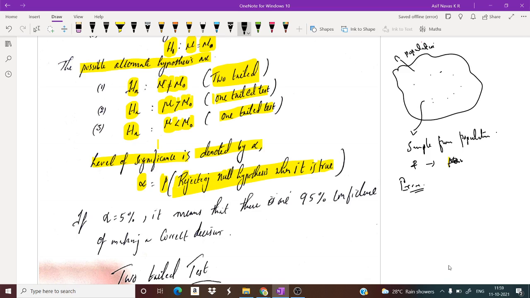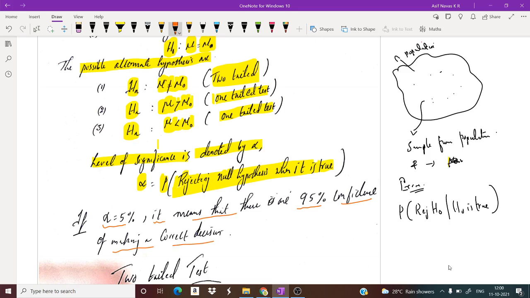So the level of significance means the probability of rejecting H naught when H naught is actually true. There is a possibility of that because we are taking only random samples. That is called the level of significance. If alpha equals 5%, it means there is 95% confidence of making a correct decision.